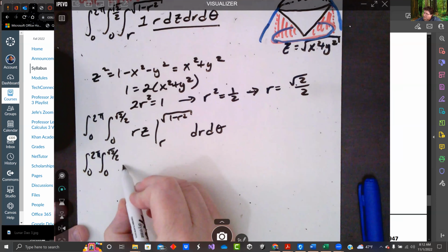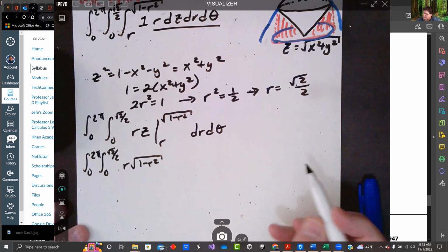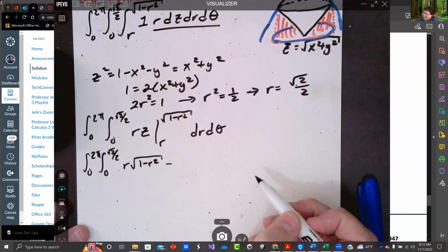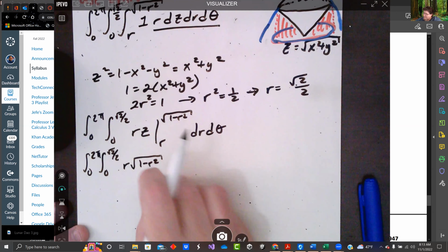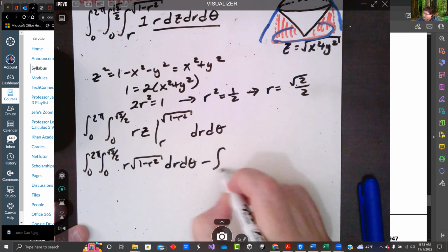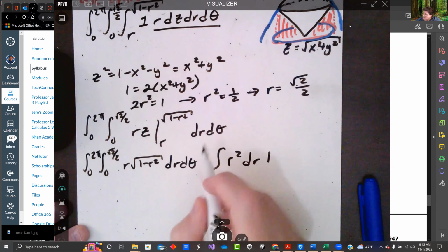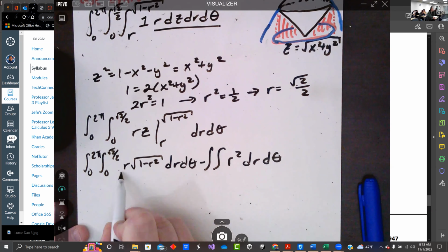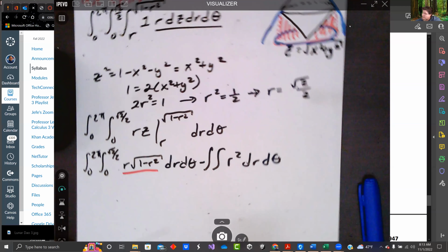I've got r times the square root of 1 minus r squared, and then minus r squared. And I think I want to separate this out. I think I want to do another integral with r squared over here, because this needs to be dealt with together, and having that r squared throws it off a little bit.